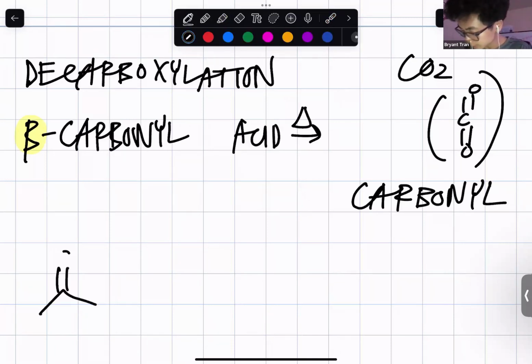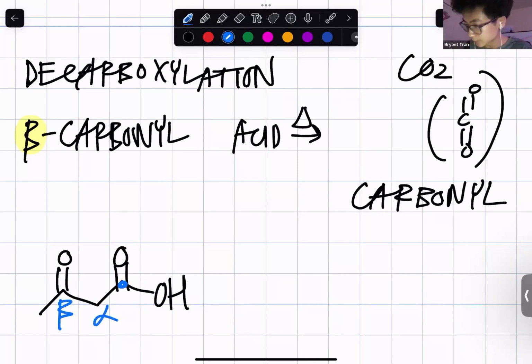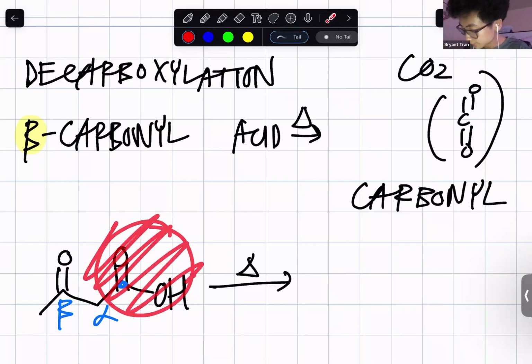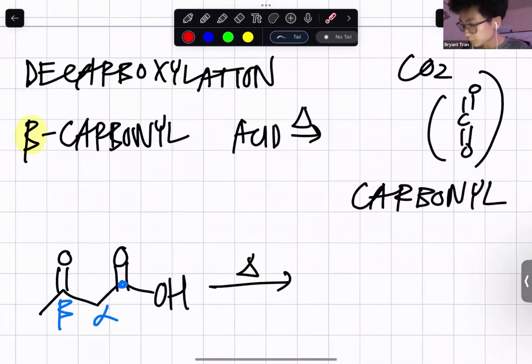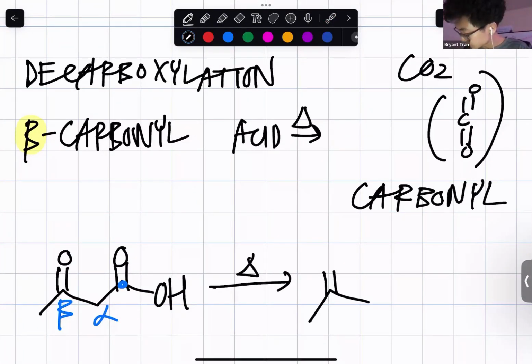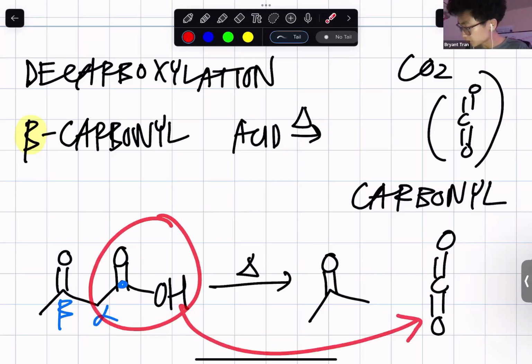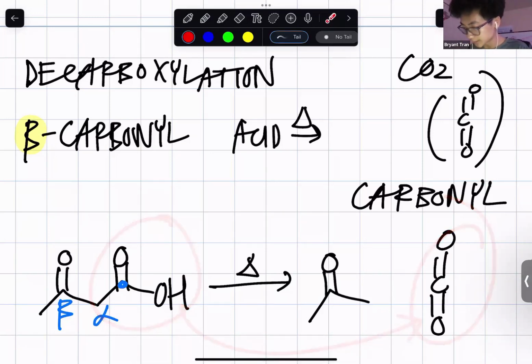So let's give you an example. Let's say we have this carboxylic acid here, where this is the carbonyl carbon, this is the alpha carbon, this is the beta carbon. If you put heat, the quick way to predict the product is to completely get rid of the carboxylic acid, and that's going to give you your final answer. That's it, a ketone, because this carboxylic acid is going to go off in the form of CO2, carbon dioxide.